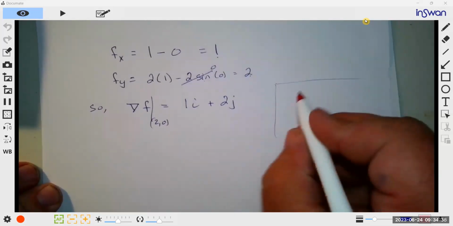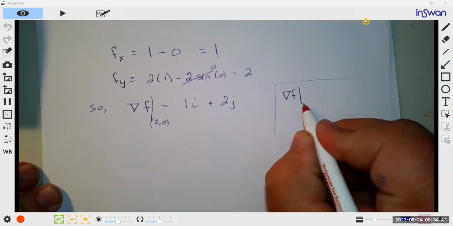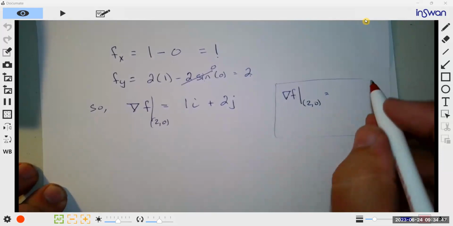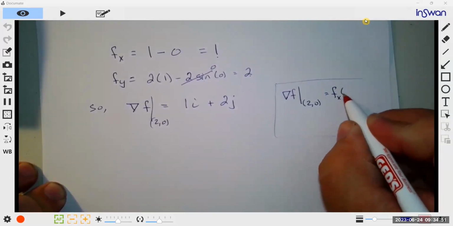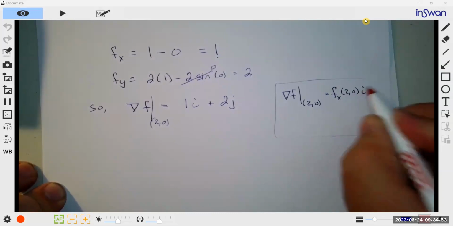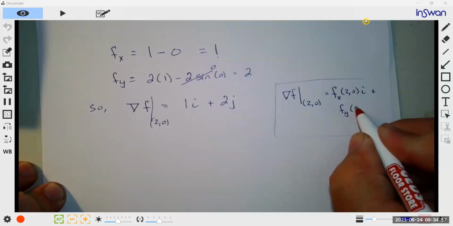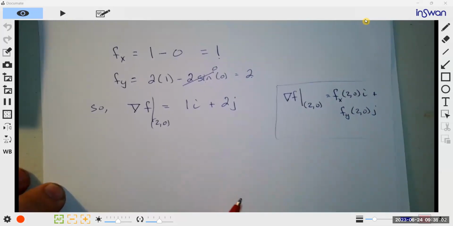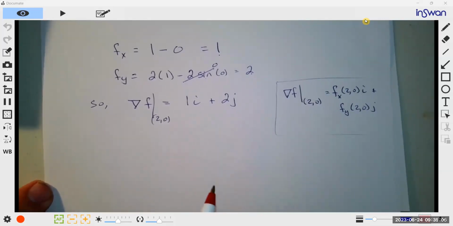Let's recap that. Del f at the point 2, 0 is actually the partial with respect to x at 2, 0 i plus the partial with respect to y at 2, 0 j. So that's my gradient.